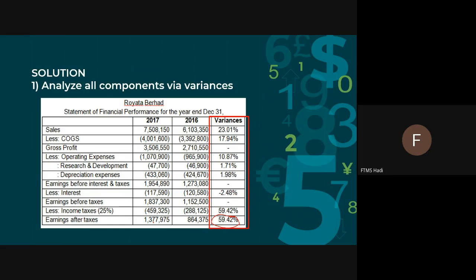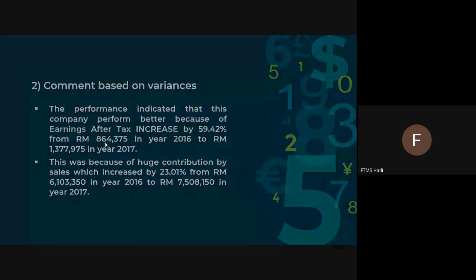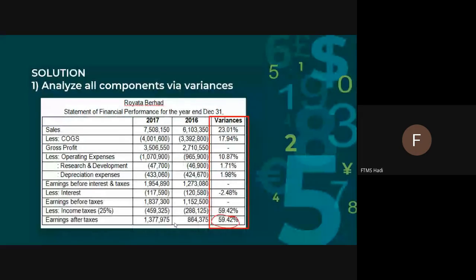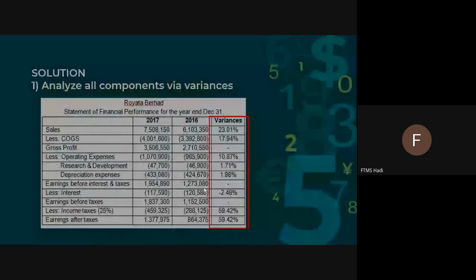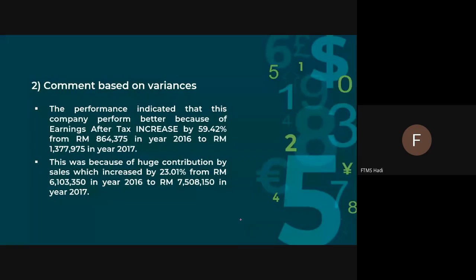Earnings after tax increased by 59.42%, from this amount in 2016, 864,375, to that amount, 1,377,975. You see there is an increase, which is good. If let's say 2017 is lower than 2016, which means the amount is decreasing, we can call this not a good performance, meaning the company performed badly. So we want to see why.